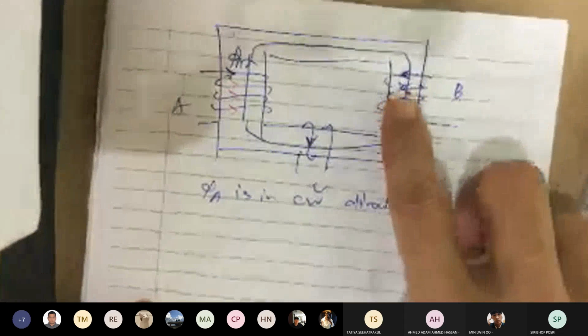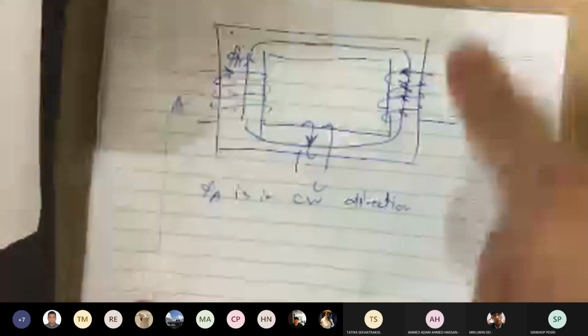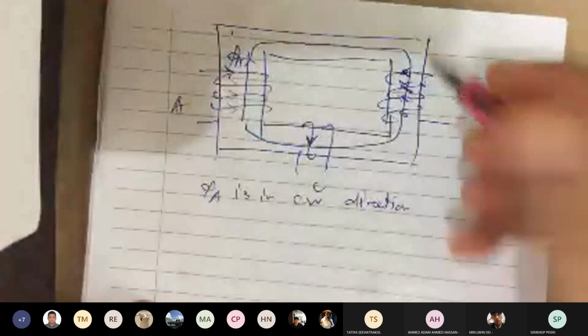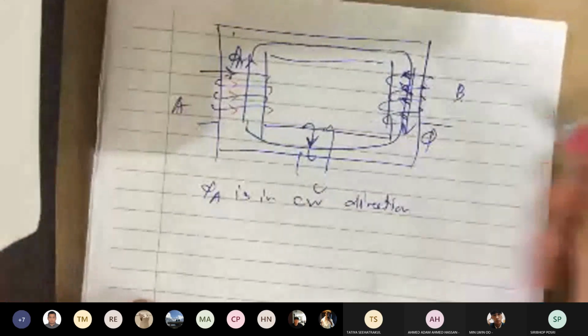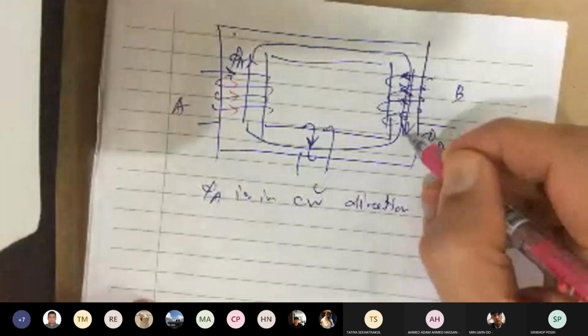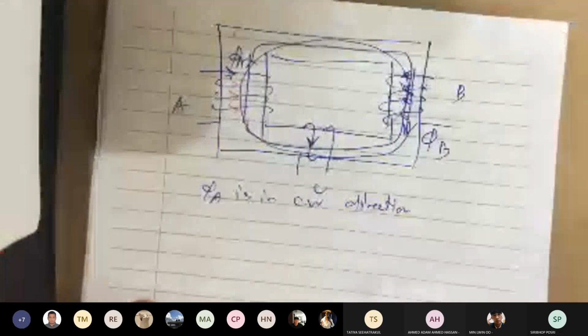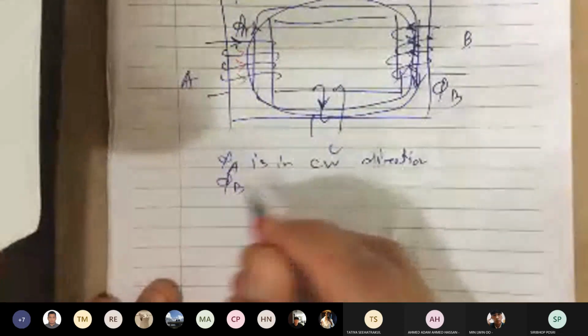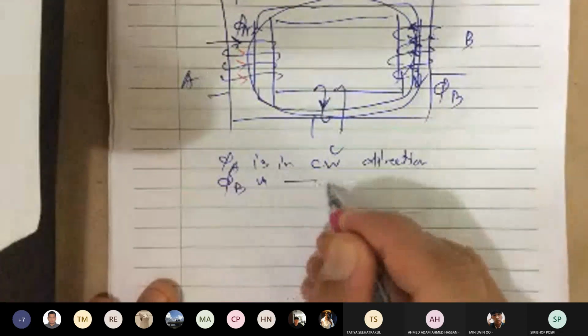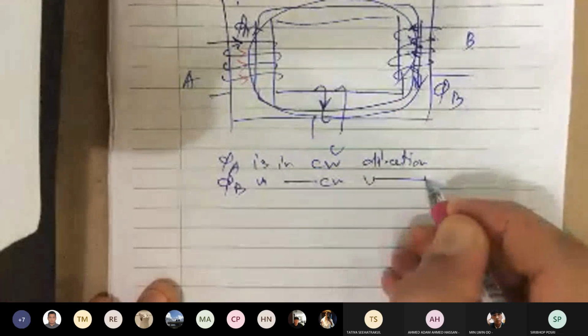And again, right hand rule, curl the current. I can't bend. Can you do that on your own? Try that. That's going to go down on that coil. So B would go like this, and it's going to continue to flow in a clockwise direction. So phi B is also in clockwise direction.